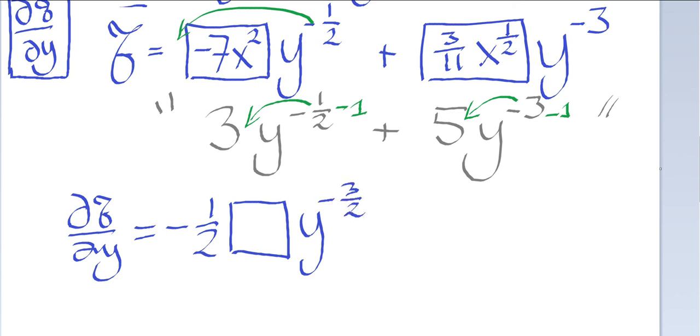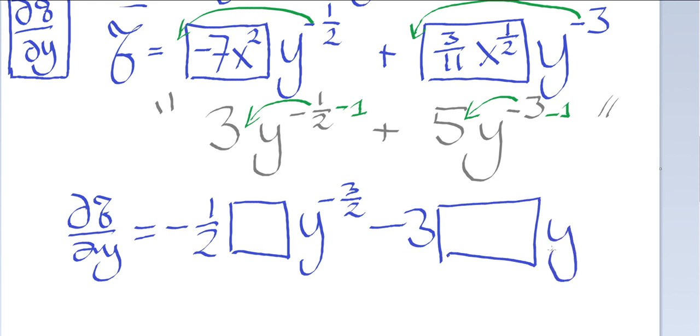Now start again with this term, take the minus 3 down in front of the box and take 1 off that power. Now be careful about that when it's a negative power. Do not say minus 2 here. Everybody makes that mistake.